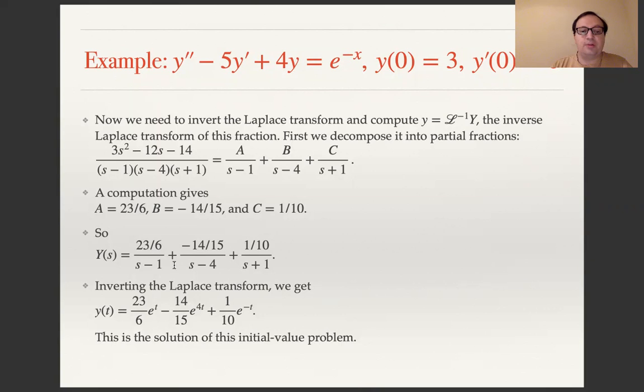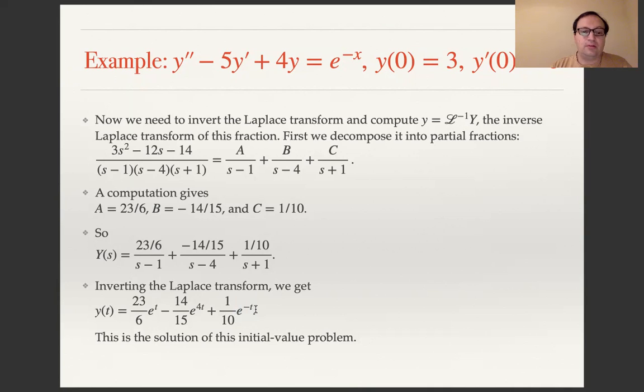So, for example, the inverse Laplace transform of 1 over s minus 4 is e to the 4t. And we look at 1 over s plus 1 as 1 over s minus (minus 1). So therefore, its inverse Laplace transform will be e to the minus t.